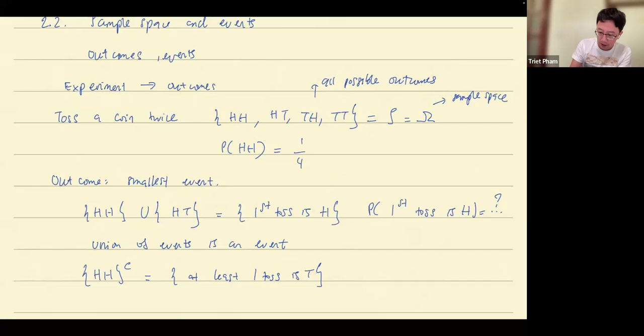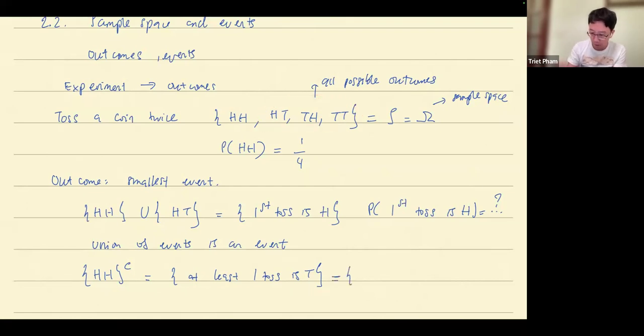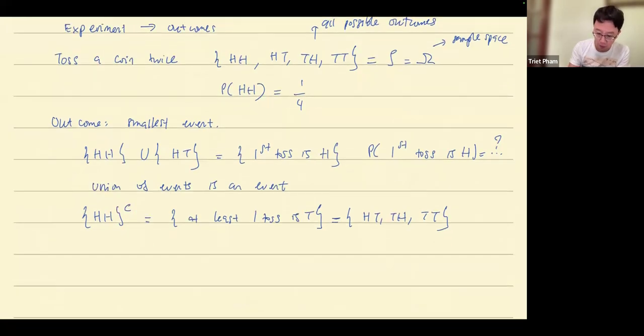Of course, notice that I have quickly switched from the descriptive language of the outcomes to the English language, which is fine. You see that we can be flexible and nimble. And what I'm trying to tell you is that it should be no surprise that a complement of an event is an event, but that's the rule of events.